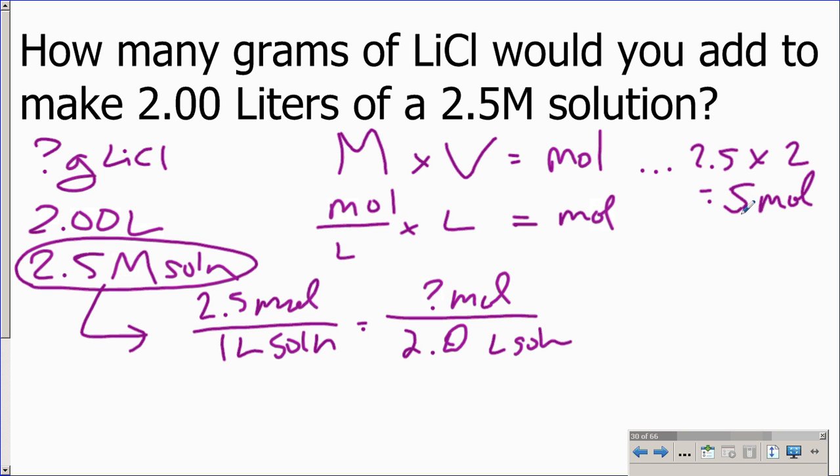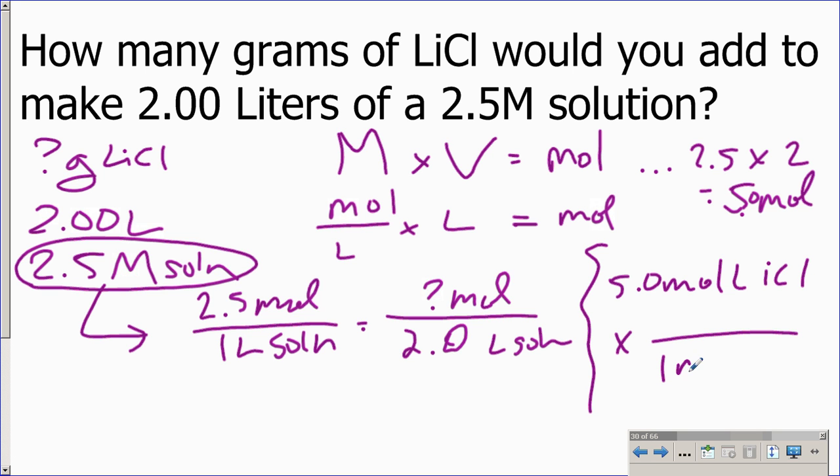Okay, 5 moles of what? Lithium chloride, good. So I'm going to give 5 moles of lithium chloride times its molar mass. I'm going to put 1 mole of lithium chloride in the bottom. What's the molar mass of lithium chloride? 42.39, I think is what you said, grams of lithium chloride.